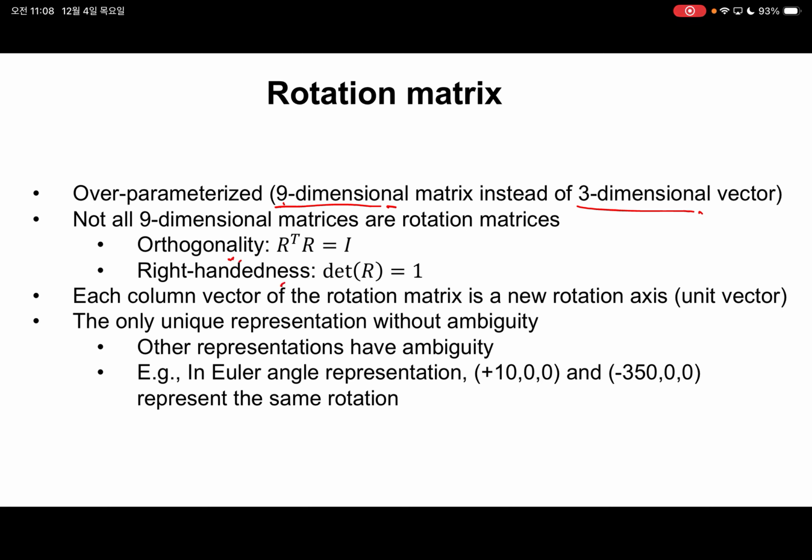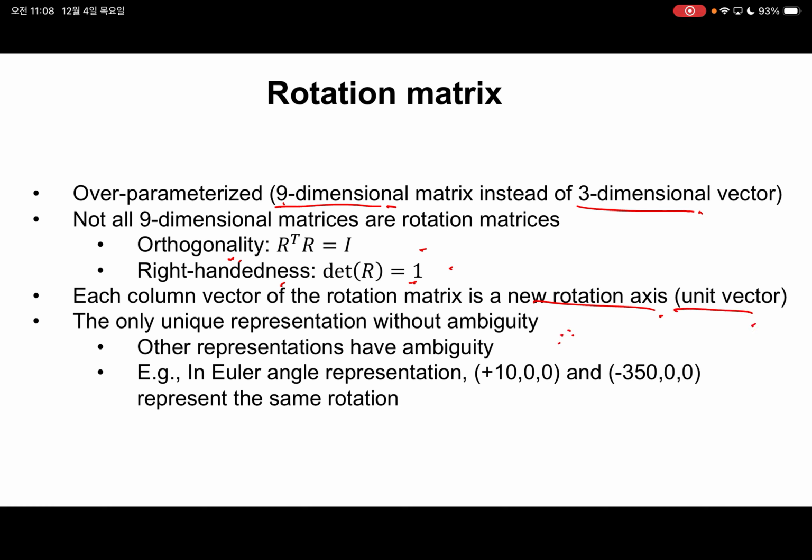And right-handed: the determinant of R should be 1. So these two conditions are necessary for a rotation matrix. Only 3x3 matrices that satisfy these two conditions become rotation matrices. And each column of the rotation matrix is a new rotation axis, and each column is a unit vector.